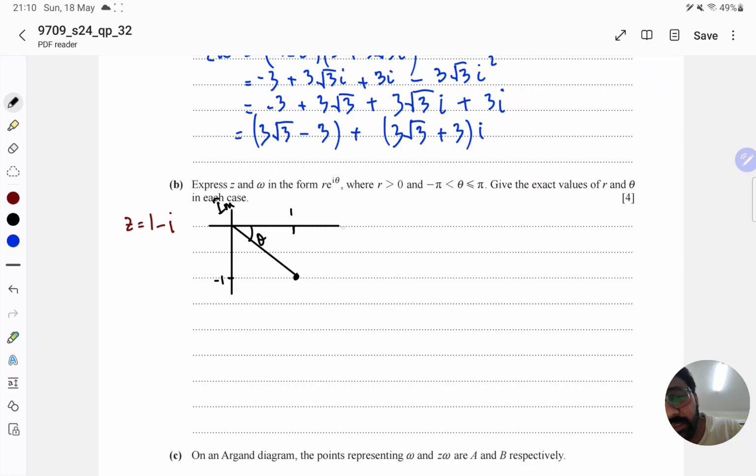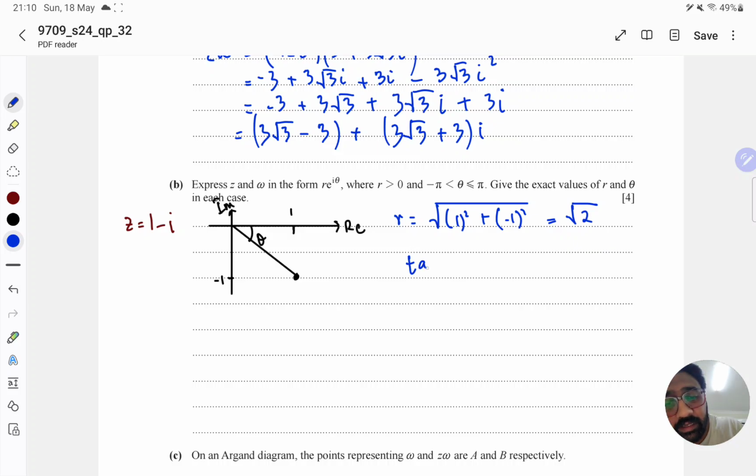This is the imaginary axis, this is the real axis. So let's first of all find out r. r will be the square root of 1 squared plus minus 1 squared, and it will be square root of 2.